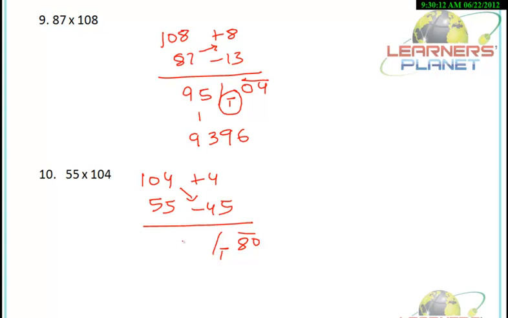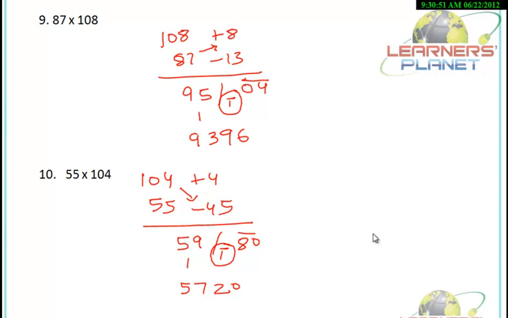So 55 plus 4 is 59. Now we have to deduct 1, and this one is also there. So finally we'll be getting 57, and 80 we have to subtract from 100. So we'll be getting 20. So 5720 is the final answer of this calculation. I hope you have learned this method.